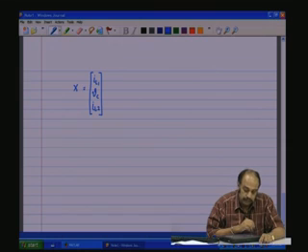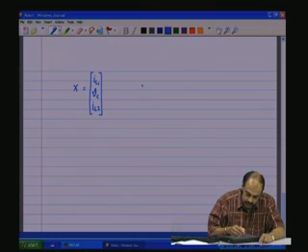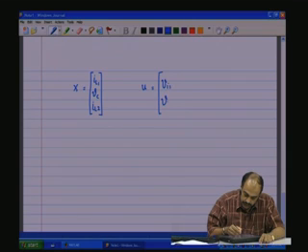This is the state vector. There are three state variables. U is the input vector which consists of Vi1 and Vi2.